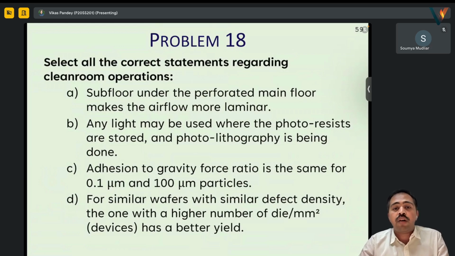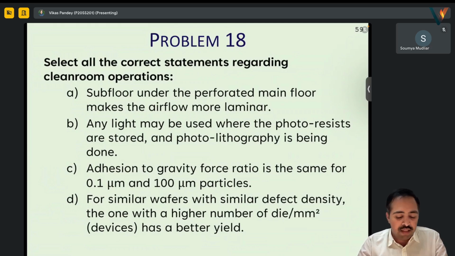Addition to gravity, the force ratio is the same for 0.1 micron and 100 micrometer particles. For similar wafers with similar defect density, the one with a higher number of die per millimeter square, or number of devices, has a better yield.